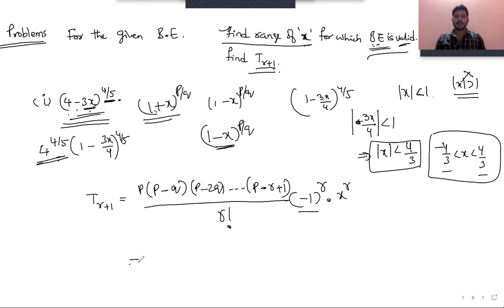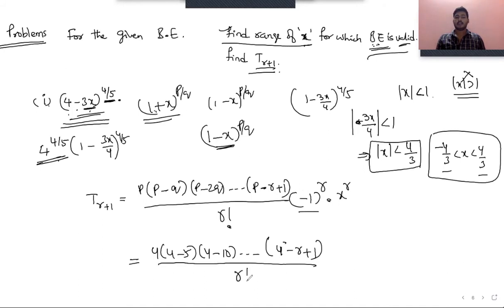So if you substitute p and q, the terms will be 4 into 4 minus 5 into 4 minus 10 and so on, up to 4 minus (r minus 1) into 5, by r factorial, into minus 1 whole power r, into, in the place of x, we have 3x by 4.